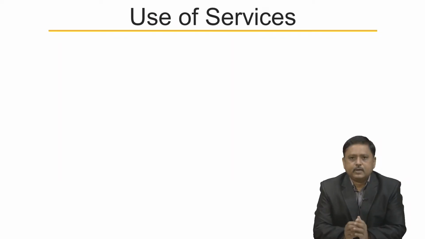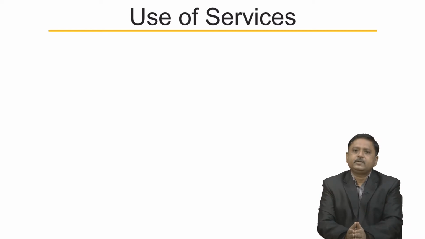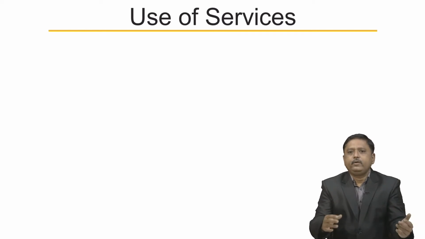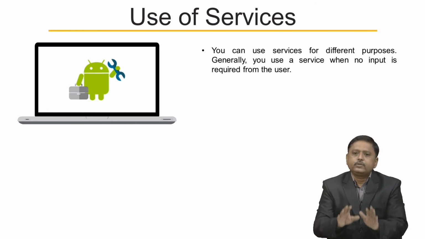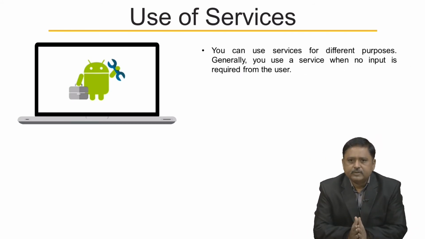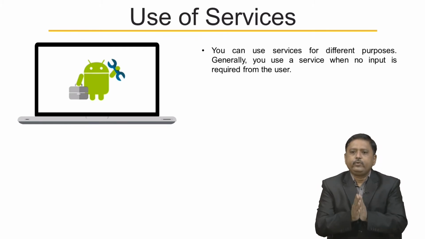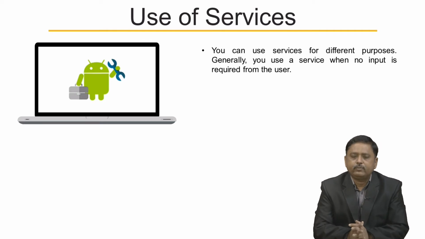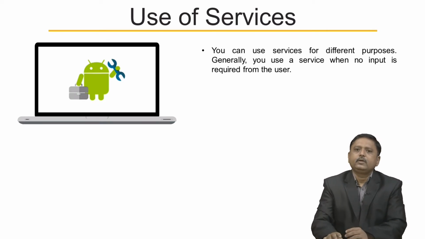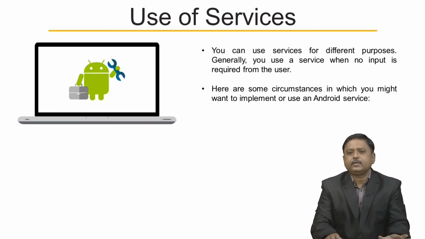Let us understand the use of services. When you can use service? You can use services for different purposes. Generally, you use service when no input is required from the user. So, that is the first characteristic of service.